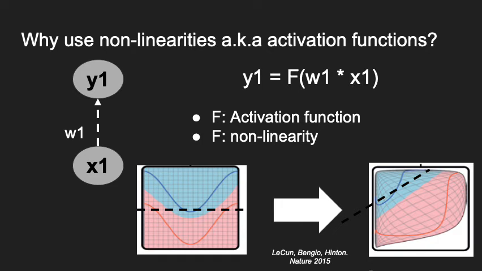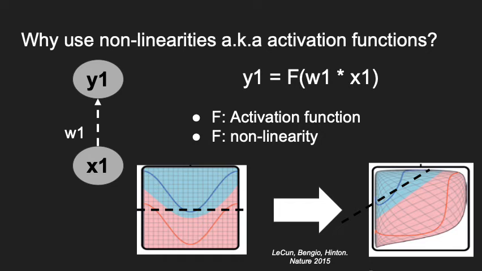Here you can find an example of why non-linearity can be interesting. In this context of classification at the bottom, you can see that there's no way in which you could draw a line and perfectly separate the red and the blue part.